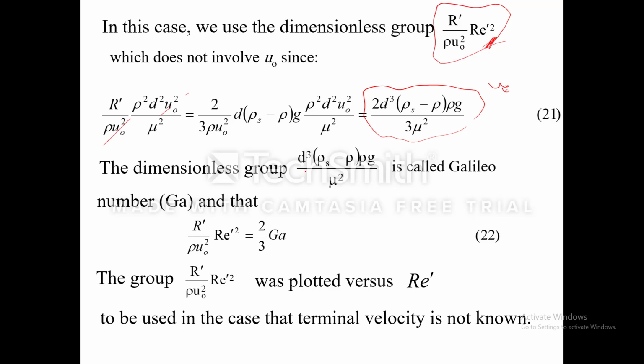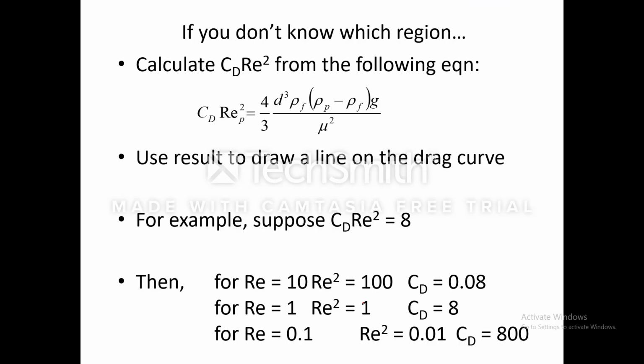The dimensionless group d cubed (rho s minus rho) rho g over mu squared is called the Galileo number Ga, and R dash over rho u naught squared times Re dash squared equals 2 over 3 Galileo number. The group R dash over rho u naught squared times Re dash squared was plotted versus Reynolds to be used in the case that terminal velocity is not known.